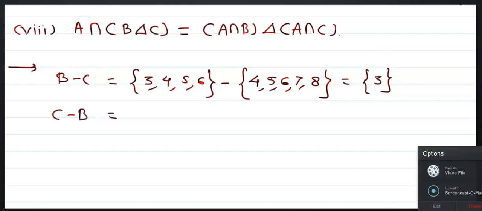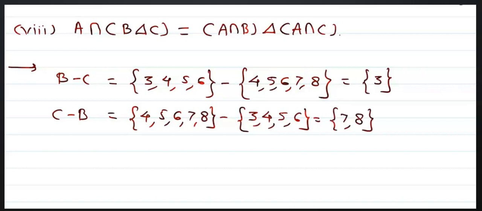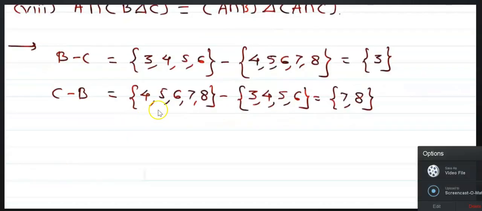Which is the subtraction there? The common elements 4, 5, 6 are removed, and 3 is remaining only. Now next is C minus B, {4, 5, 6, 7, 8} minus {3, 4, 5, 6}. Their subtraction removes 4, 5, 6. What is remaining? 7 and 8.